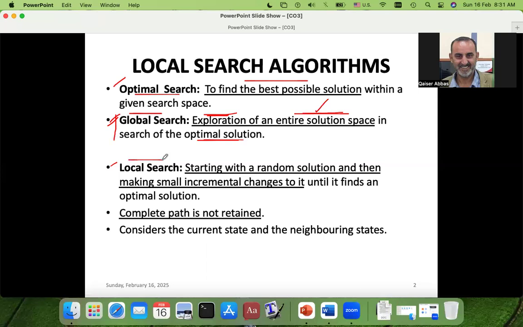Similarly, for local search, we will have a state space. We will start with some random initial state, or an initial state. It can be random, sometimes it cannot. And then we will have an incremental step.